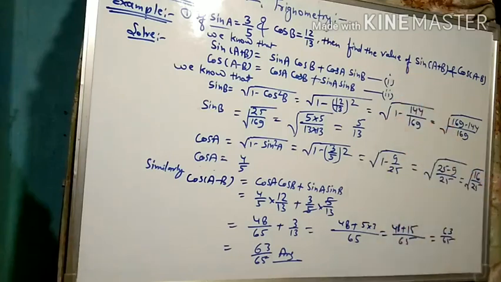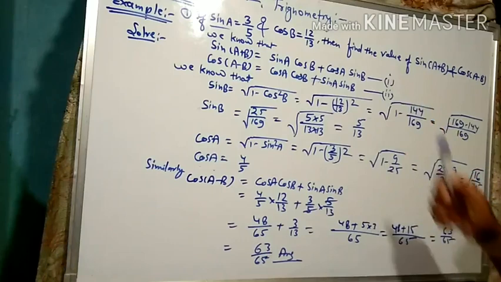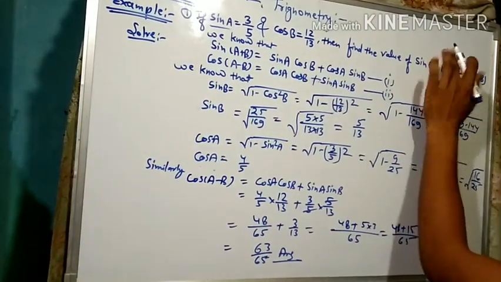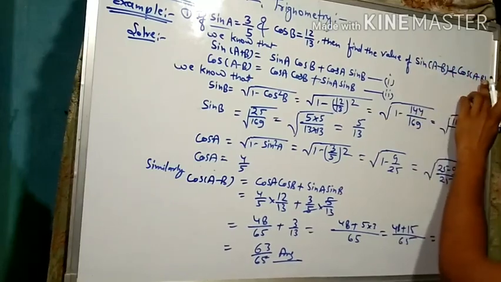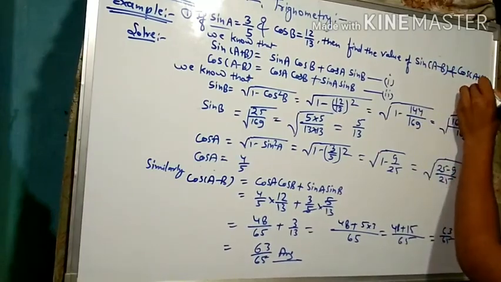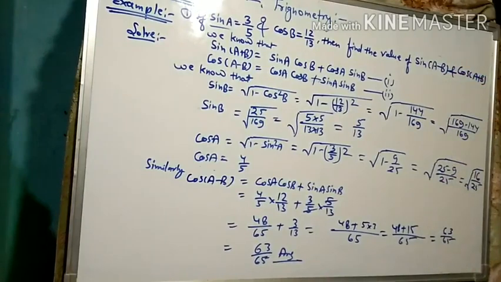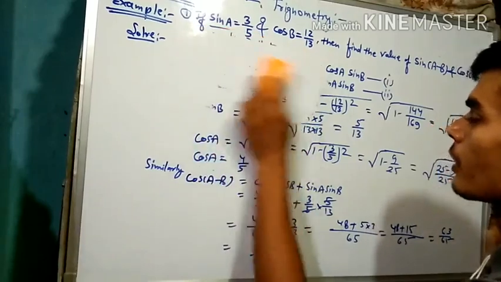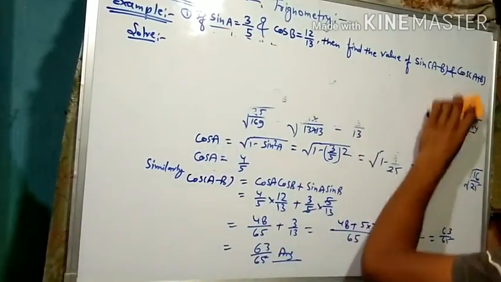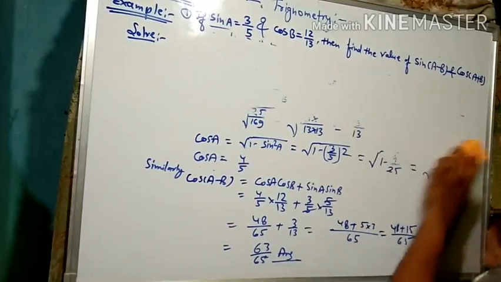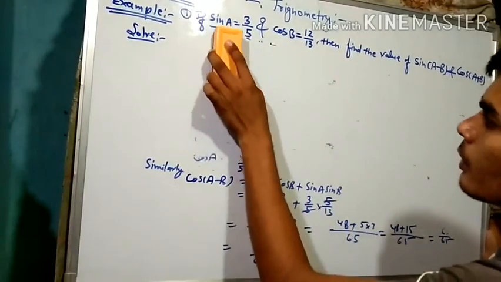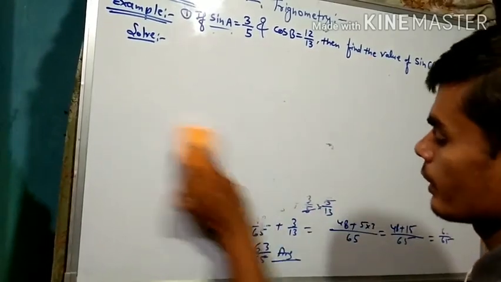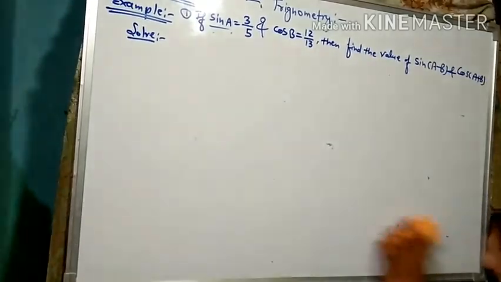Now I give you two questions: find the value of sin(a minus b) and cos(a plus b). You have to find out the value. This is your homework for today's topic.